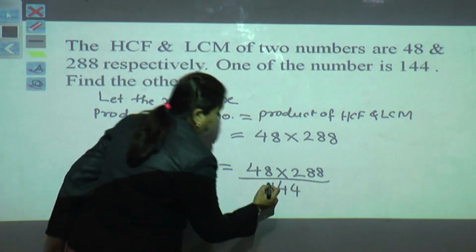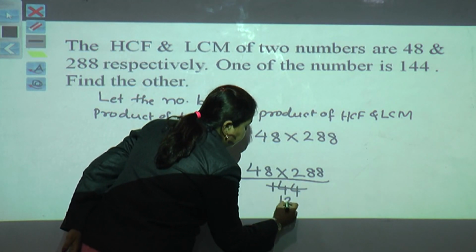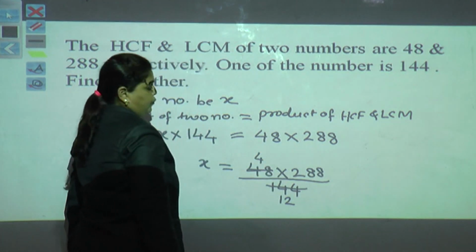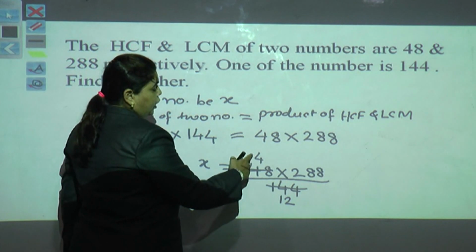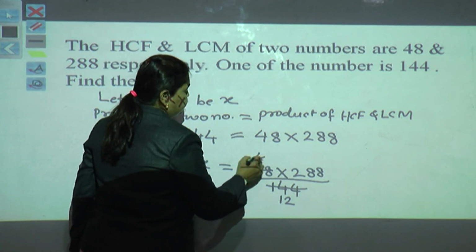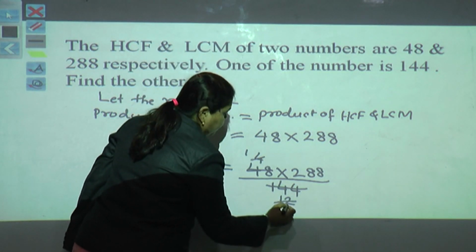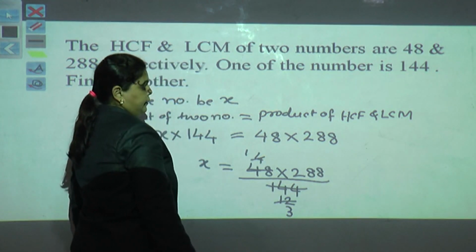So 12 12s are 144, so 12 4s are 48. Again I can reduce here, 4 1s are 4, 4 3s are 12.